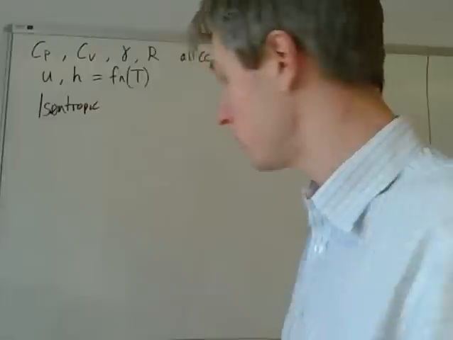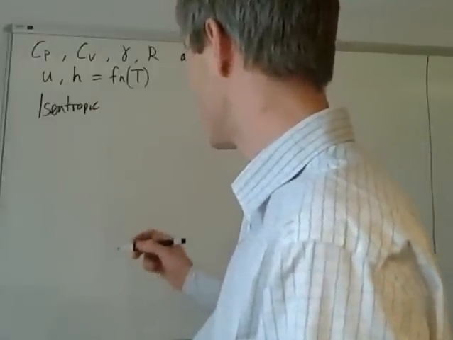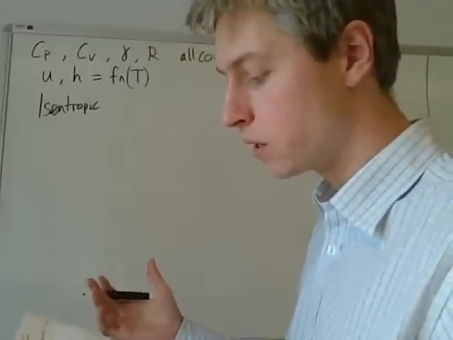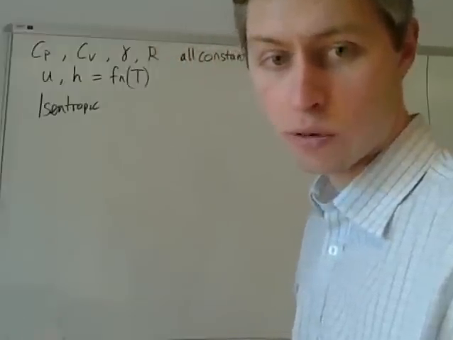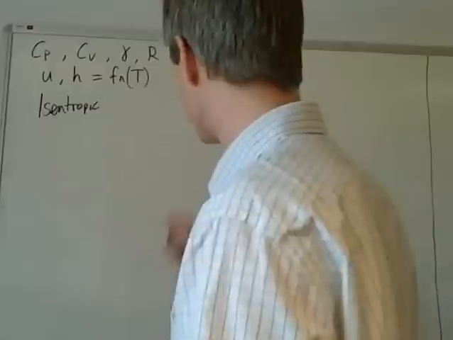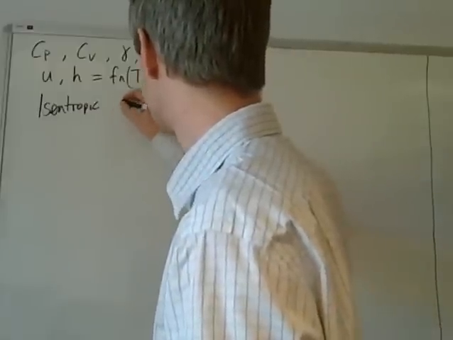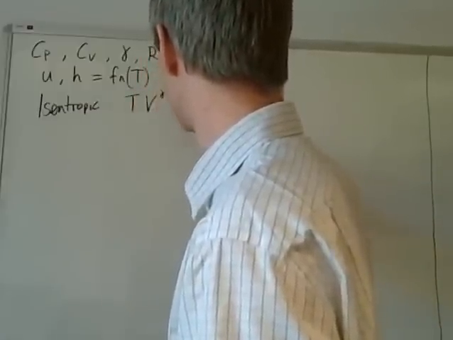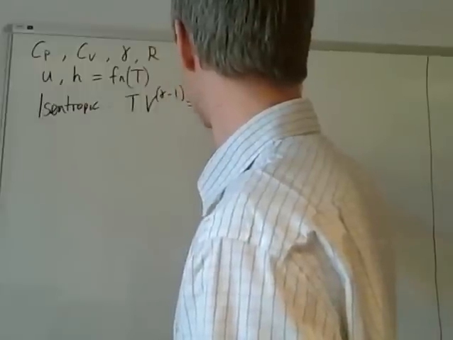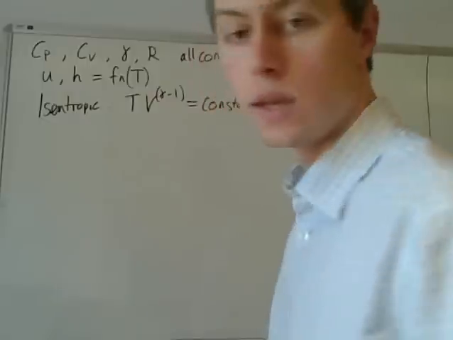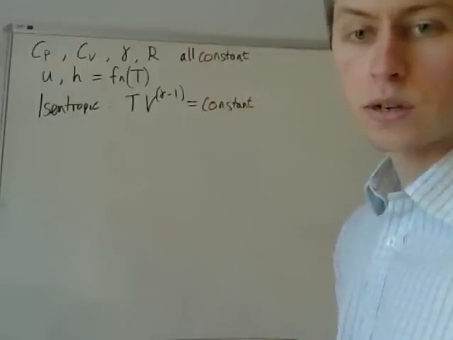Here we're told the change in temperature and the change in volume. So let's write the isentropic relation for temperature and volume, which is that Tv to the gamma minus 1 is a constant.